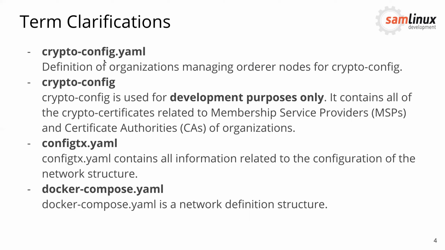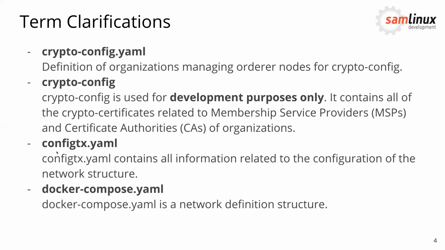This file creates the crypto material, and this is stored in this crypto-config folder here. And this crypto-config folder is the place where all the crypto material is generated when we use the cryptogen tool for us. And it's, I think, a replacement for the Fabric CA tool. So these both elements belong together.